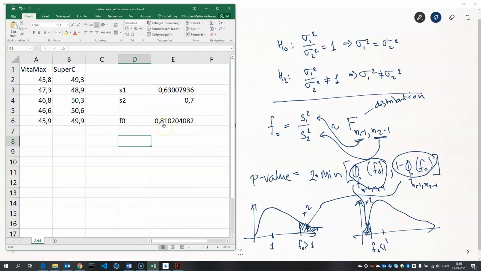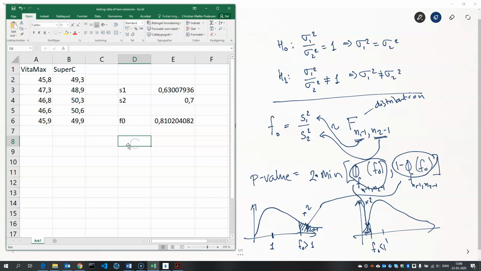So we get a test statistic which is smaller than 1. If I had divided S2 by S1, then we would have gotten an F0 which is bigger than 1. There's no rule. My choice is to say that this is sample 1 and this is sample 2, but you could choose the other way around. That would give you a different test statistic. So that doesn't matter really. What matters is that you are aware of which one is the numerator and which one is the denominator, and then keep that order in the sets of degrees of freedom here.